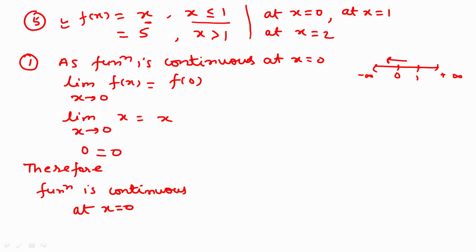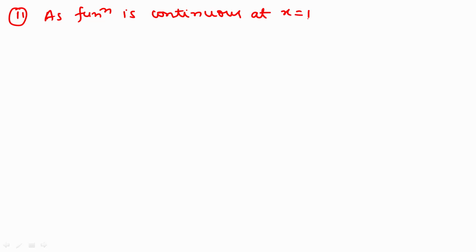Second, we have to check whether the function is continuous at x is equal to 1 or not. As the function is continuous at x is equal to 1, limit x tending to 1 minus f(x) is equal to limit x tending to 1 plus f(x) is equal to f of 1.